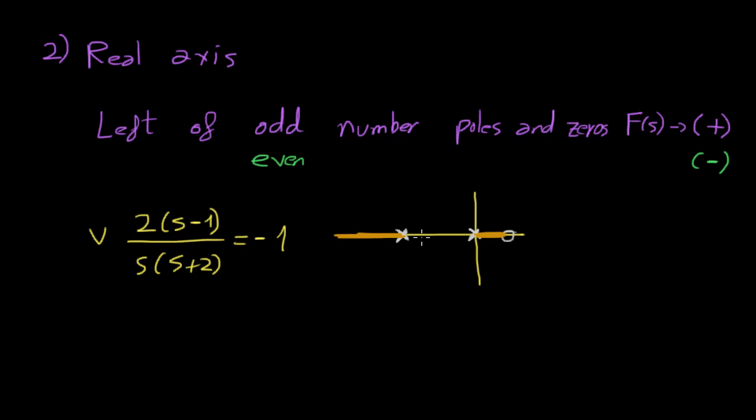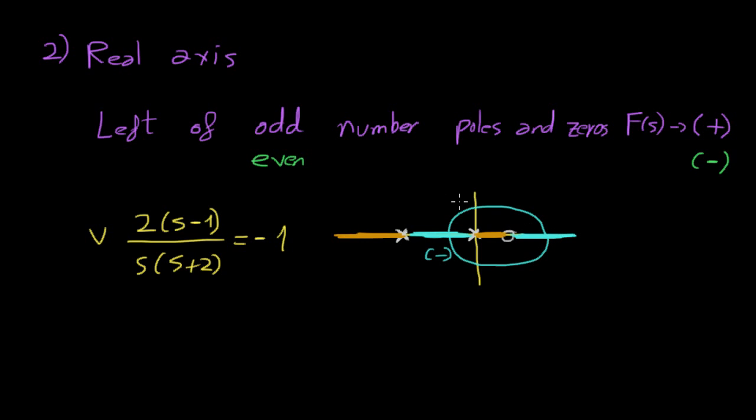And points in the negative root locus are all these points. Actually, this is almost all the root locus. The only part left is this branch here, that we'll learn how to draw very soon.